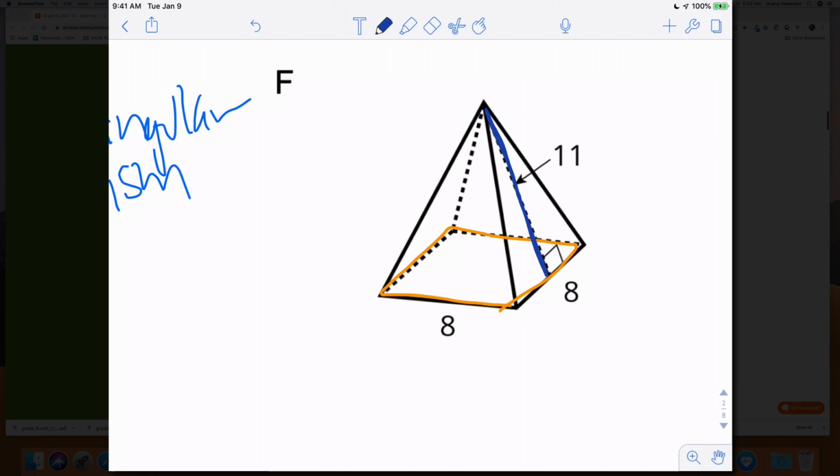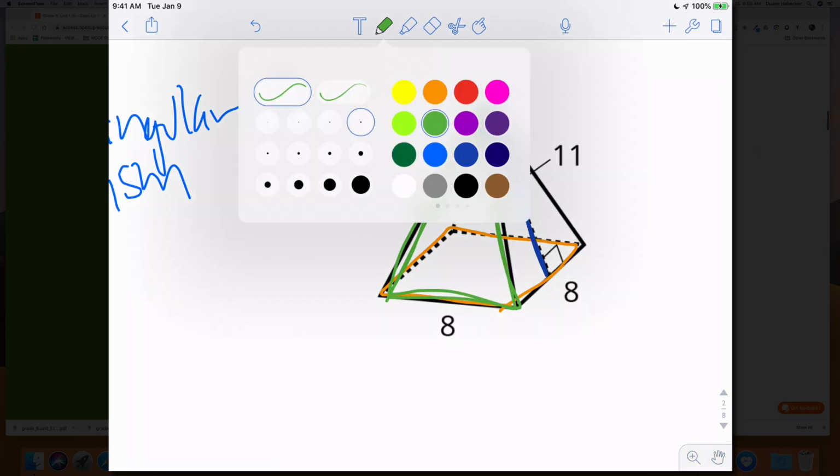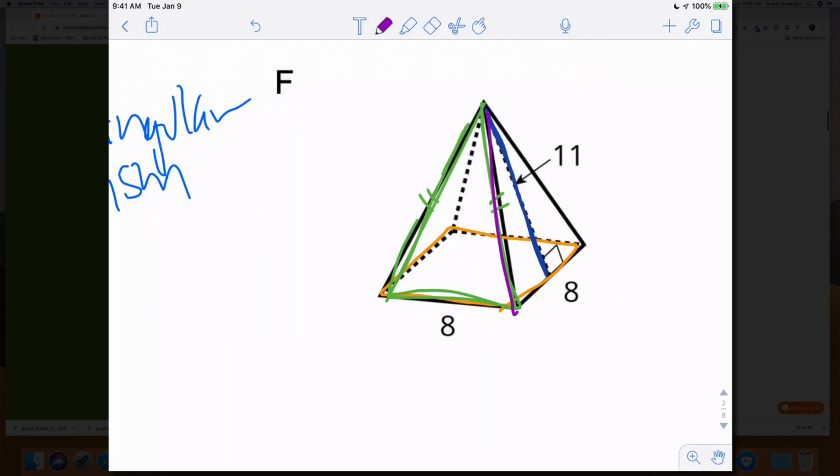But what we're not told anywhere is that these are probably equilateral triangles, meaning that this length and this length are the same, creating an equilateral triangle right here, meaning that they're probably all equilateral triangles and that all of these triangles are the same.